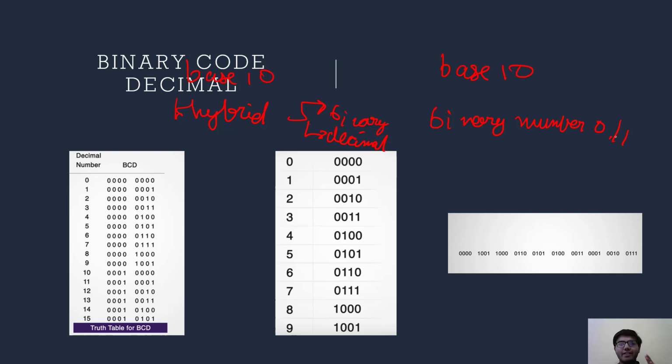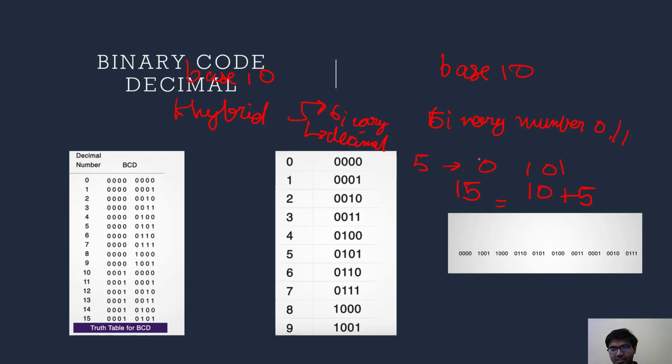For example, if I take the number 15, in decimal we would write it as 10 plus 5. What we write in binary coded decimal is the binary encoding of each digit, using 4 bits. I would represent 5 as 0 1 0 1.